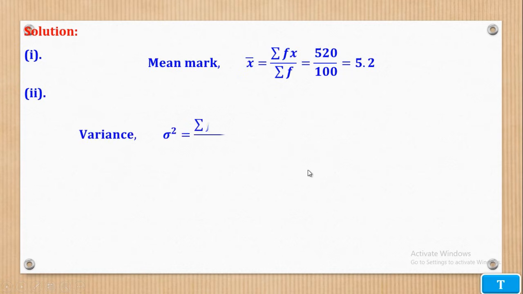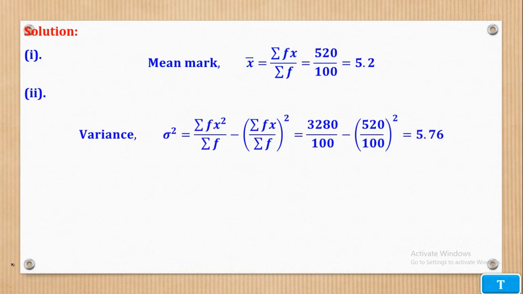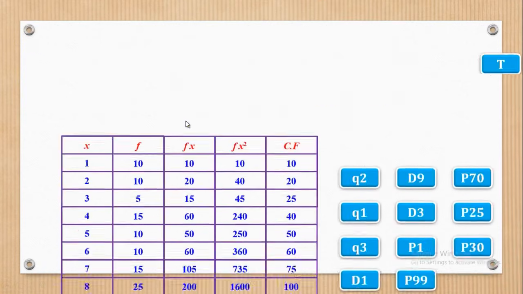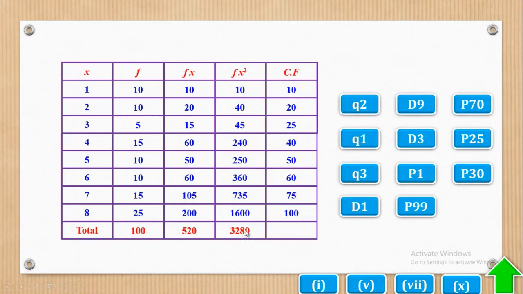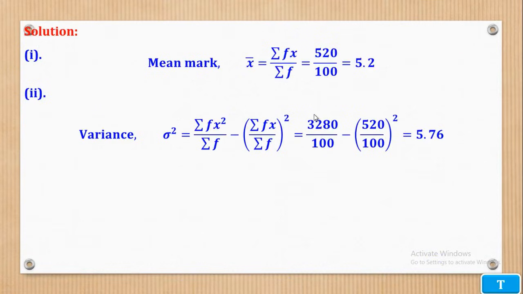Then Roman 2, they wanted variance. Now variance is summation of fx squared over summation of f minus mean squared. So summation of fx squared, we already got it here. If you look at your table, summation of fx squared is this 328, so that's what you are going to write here. 328 over 100 minus mean, so this is the formula for mean.